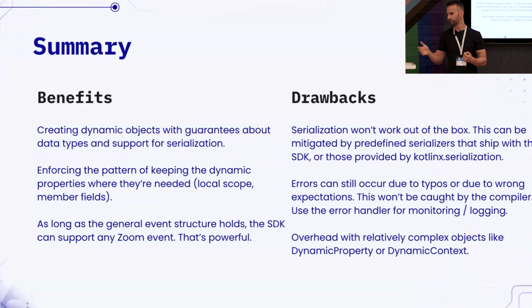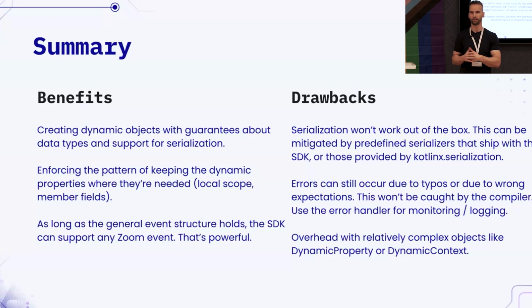But then obviously the disadvantages. Again, serialization is a big one because it won't work out of the box, and you might need to write your own serializer, or the SDK might not have the serializer you want, so that's a bit of a hassle with that. And then errors, they can still occur because you might make false assumptions, and then the payload actually doesn't comply, and then you will deal with errors.